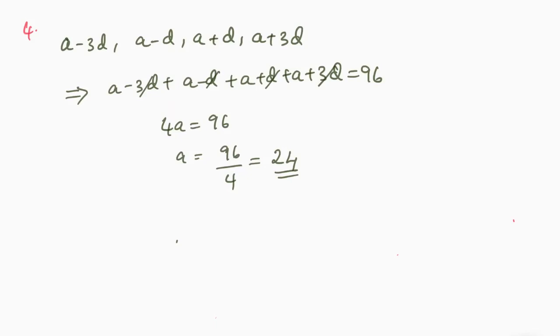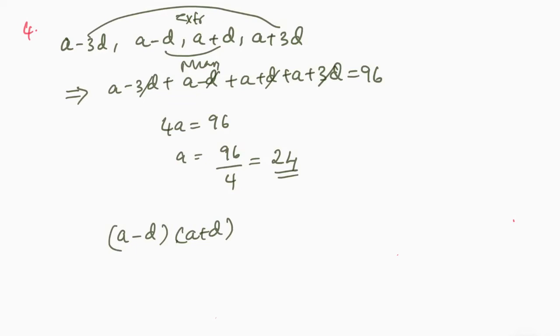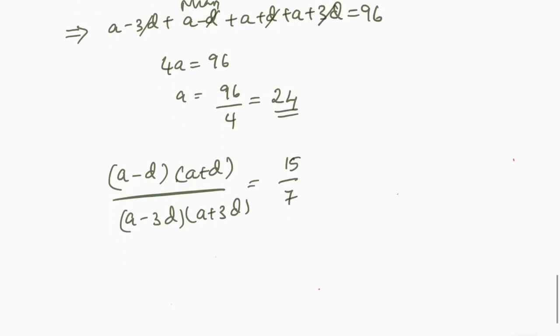Now let us see what the next condition given is. Product of their means to the product of their extremes. These are the extremes and these are the means. So (a minus d)(a plus d) by (a minus 3d)(a plus 3d) equals 15 by 7.